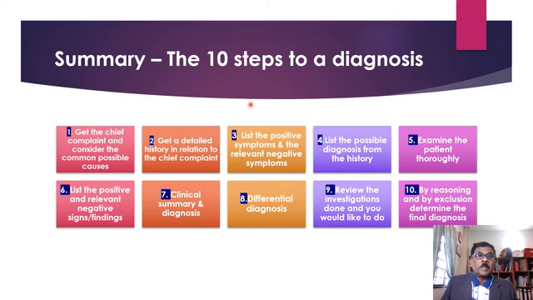Then this is the summary of the 10 steps to a diagnosis. Get the chief complaint, consider the common possible causes, get a detailed history in relation to the chief complaint, list the possible symptoms and the relevant negative symptoms, list the possible diagnoses from the history, then examine the patient thoroughly and list the possible positive and relevant negative signs.